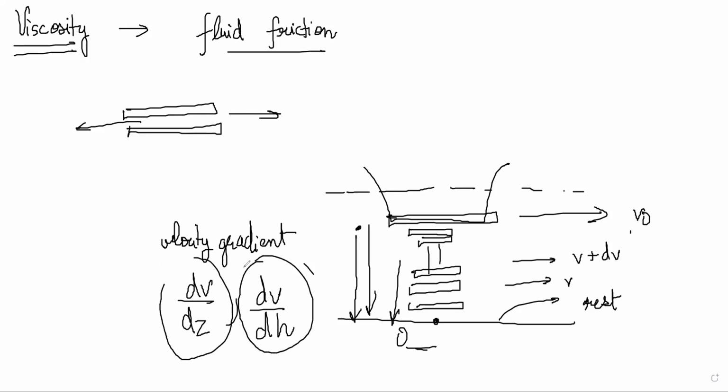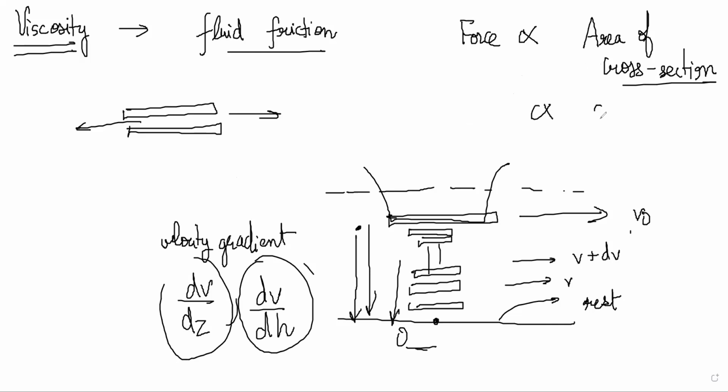This velocity gradient turns out to be important while calculating the force of viscosity, or fluid friction, that opposes any motion in a fluid. By experimental verification, people have found that the force of viscosity is proportional to the area of cross section which the boat, or whatever is moving, has, whatever is the area in contact with it, and it's also proportional to the velocity gradient.